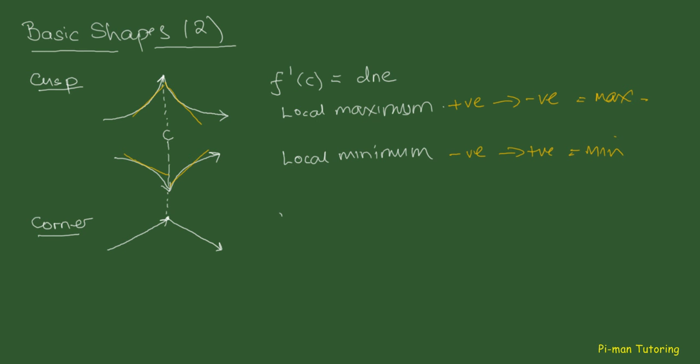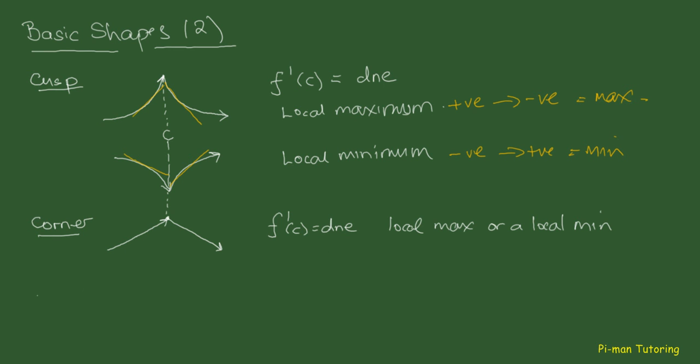And again, we would find that the function is not differentiable. But as you can see, it's possible to have a local max in such cases, just like a cusp, or a local minimum.